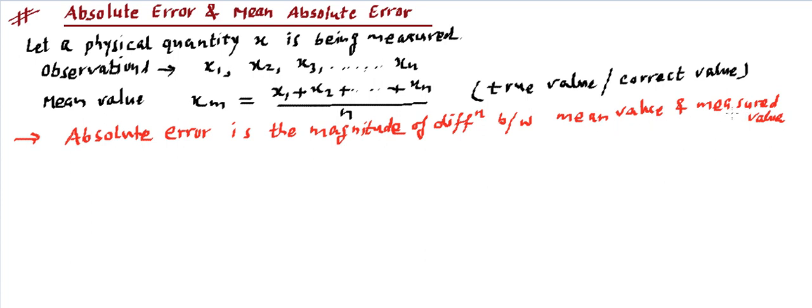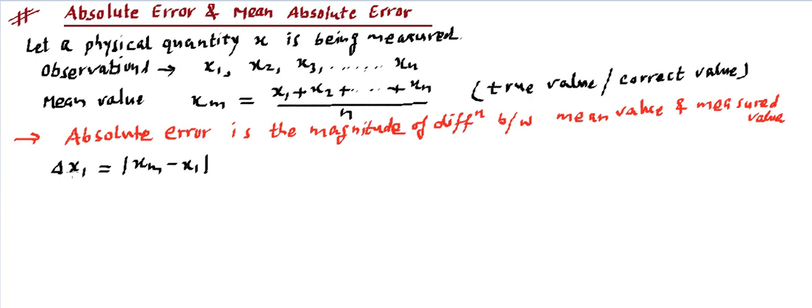Okay, so if we are talking about the absolute error in the first observation, errors we write by delta. So we will write delta x1. If we are writing delta x1, that means it is talking about the error in the first observation. So this will be read as the absolute error in the first observation. So this is going to be mod of xm minus x1.